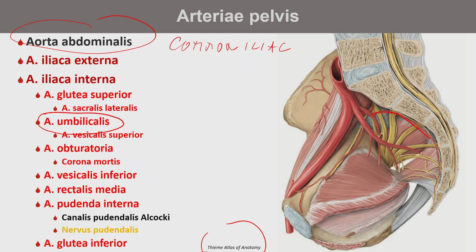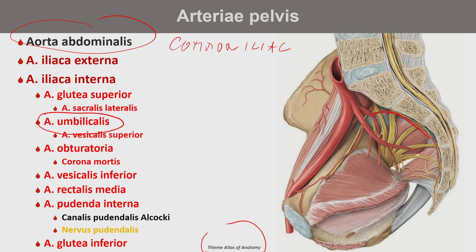So it's an arterial branch, but leading blood from the fetus to be more oxygenated. In the adult, or early in infancy, it is obliterated and forms a band called the umbilical ligament.